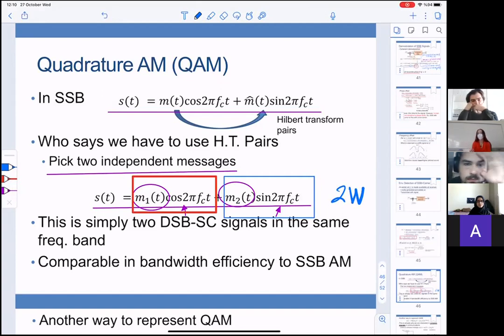So we're using 2W to send twice the amount of information. So the bandwidth efficiency is exactly the same as SSB. Yes, please.